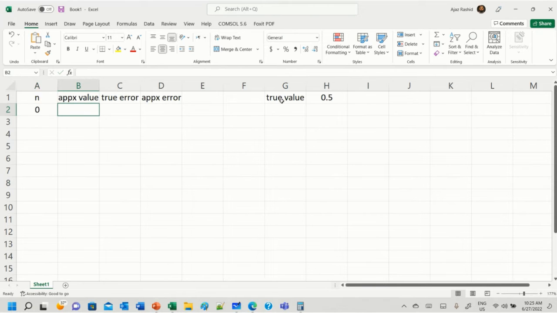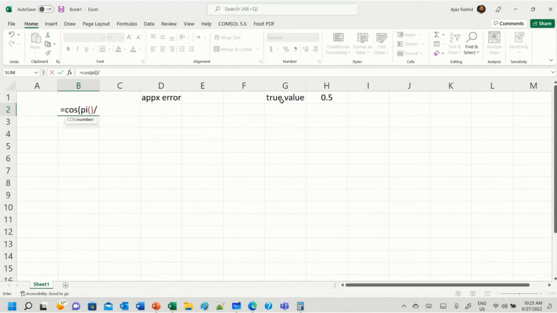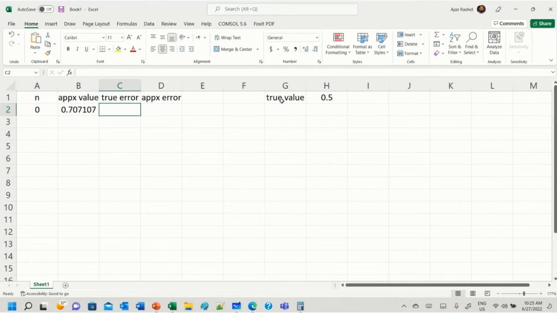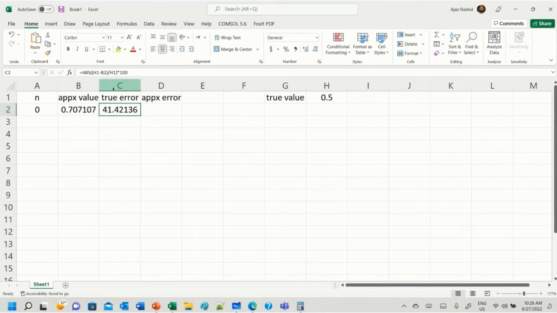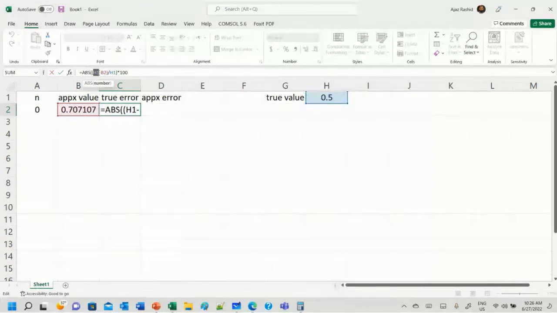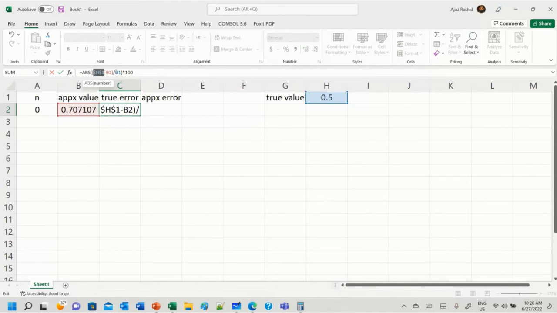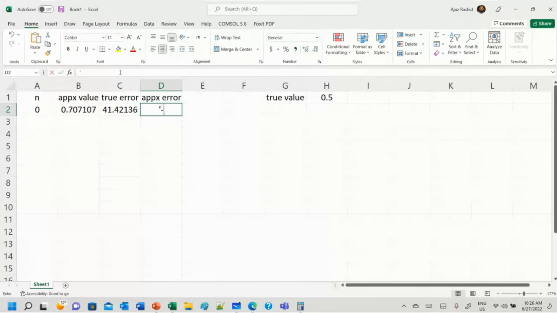For zero order, we said the approximate value is cosine of pi by 4, and the true error is the absolute value of the true value minus the approximate value, divided by the true value. I'll just fix these values for the true, and of course we said we cannot find the approximate error for the first.